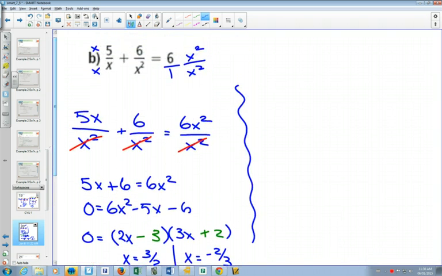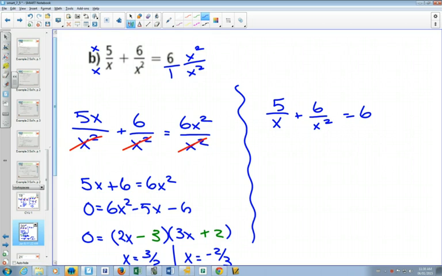The other technique for this one is getting rid of fractions. Okay? In this case, I'll just rewrite it. If I use the technique of I want to get rid of fractions, maybe you see I want to get rid of the x first. Sometimes when you're getting rid of fractions, people decide to get rid of the biggest one first.